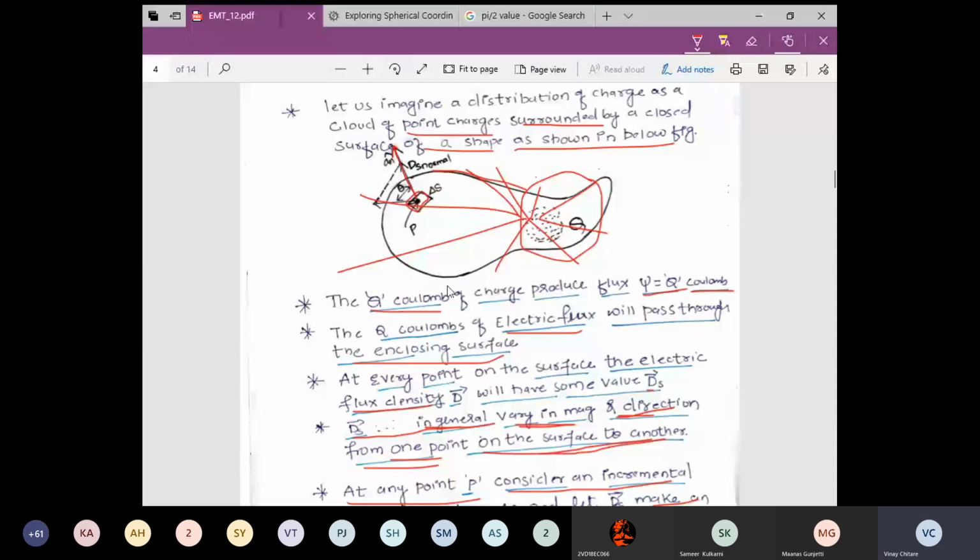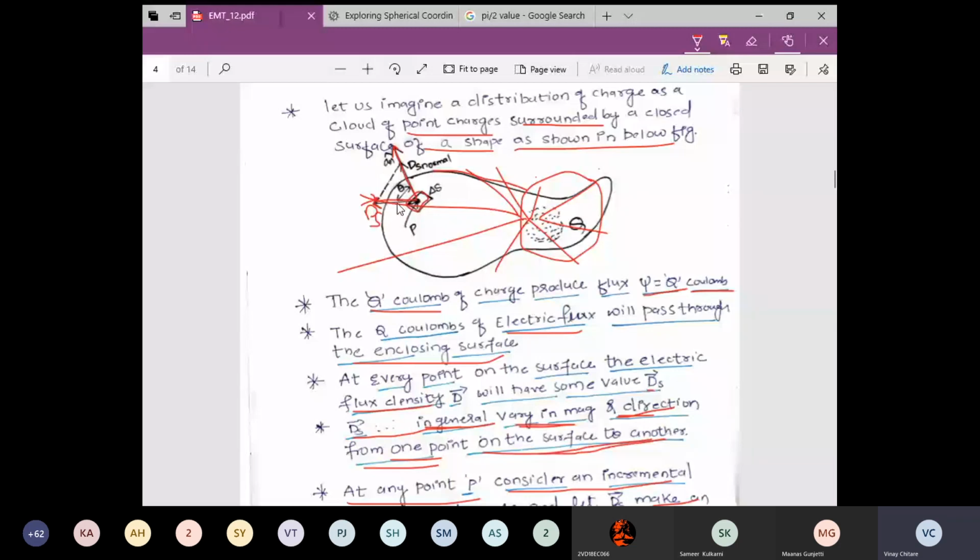So for this differential area, let us consider this a unit vector normal to that surface. At this point, this is the flux density D, and this is the unit vector normal to that differential surface.